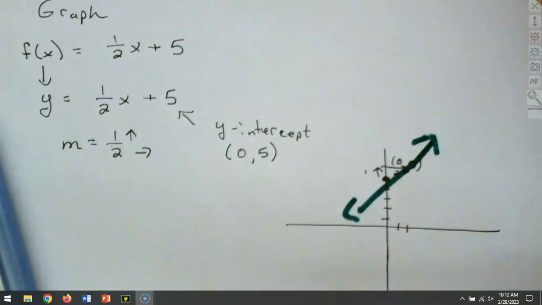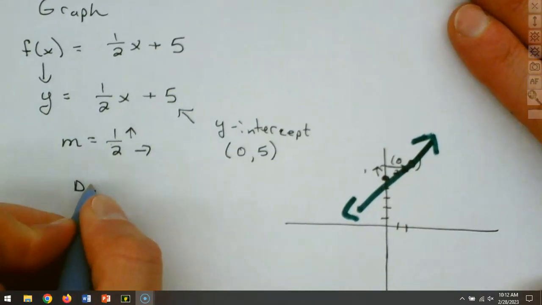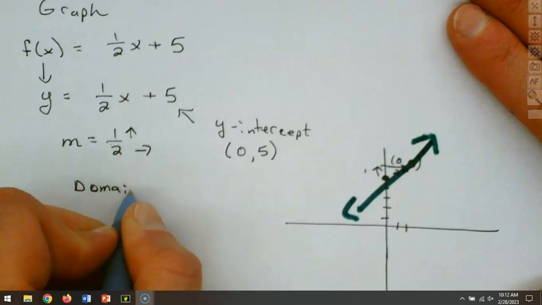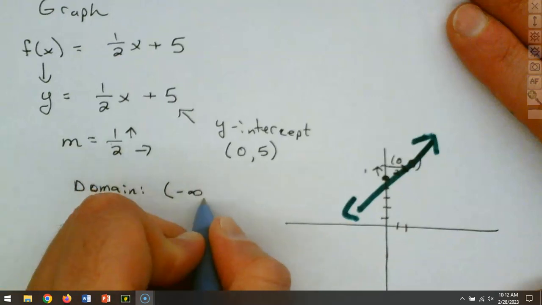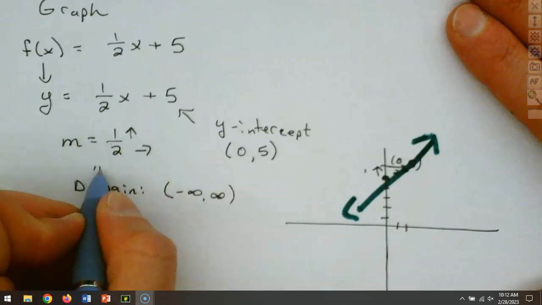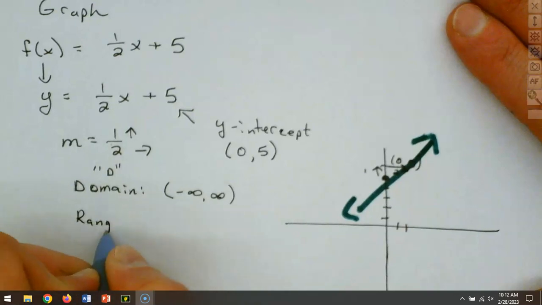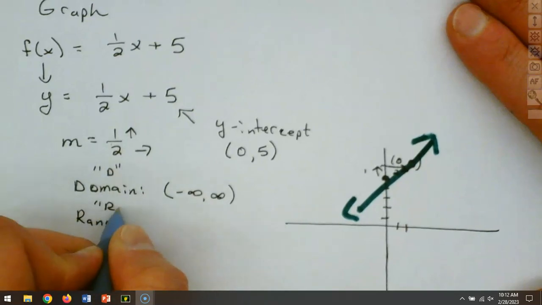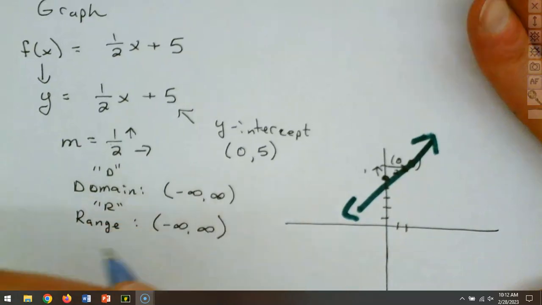And all diagonal lines have the same domain and range. The domain, we represent that with a D, and that's negative to positive infinity. And the range, we represent that with an R, and that would also be negative to positive infinity.